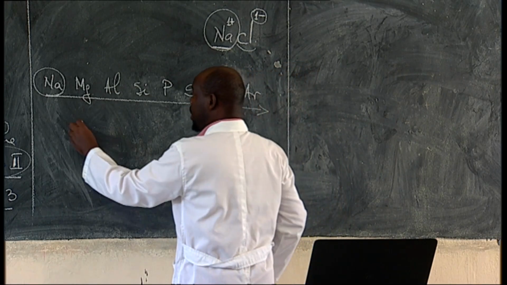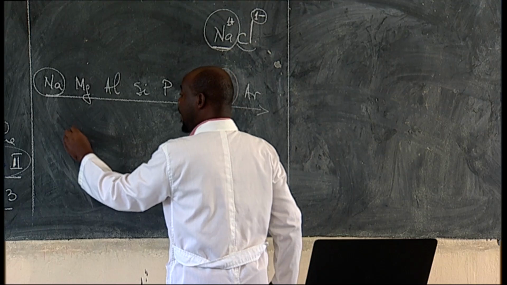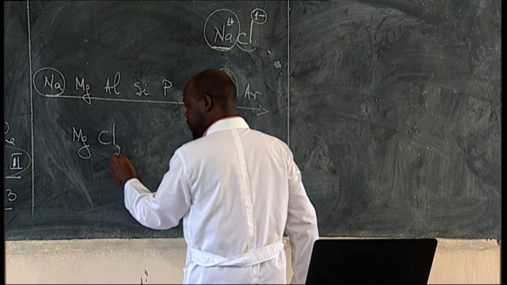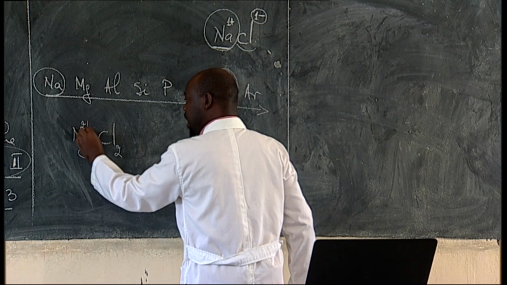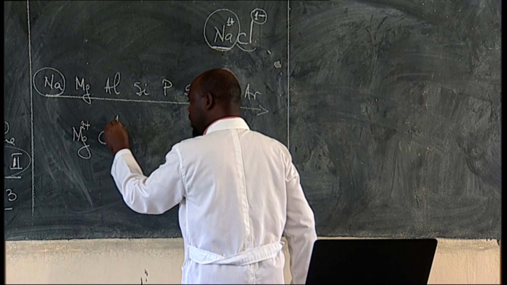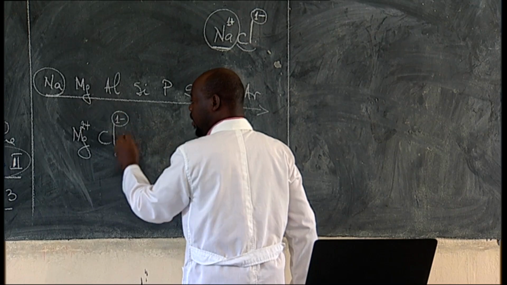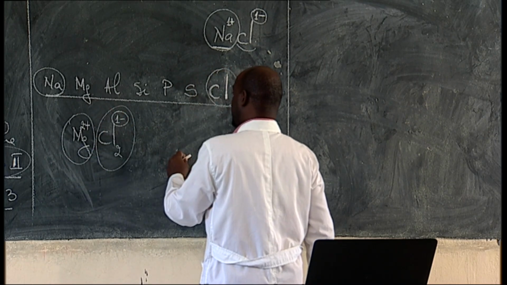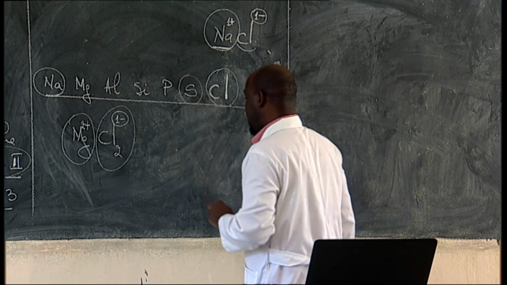Remember, we can have a compound like magnesium chloride. Magnesium which has 2 positive and chlorine which has 1 negative. This is metallic and this is non-metallic. It is the same for sulfur.